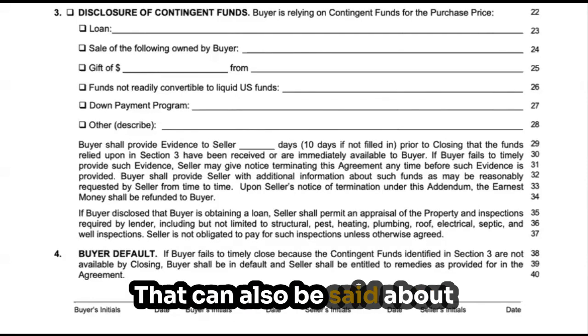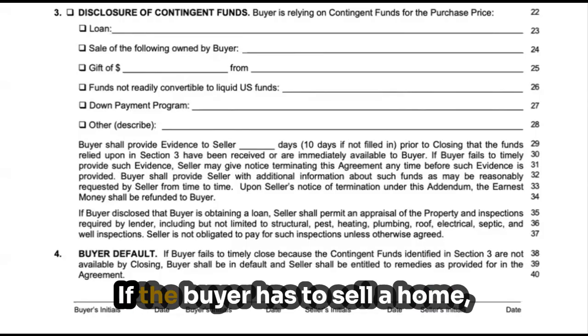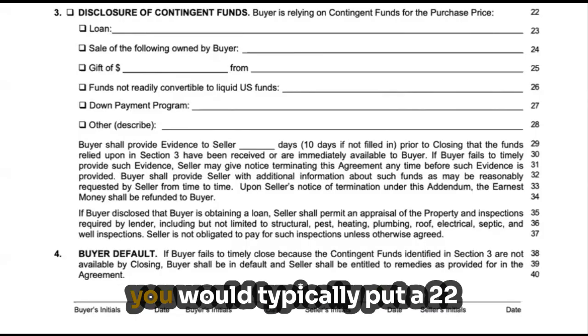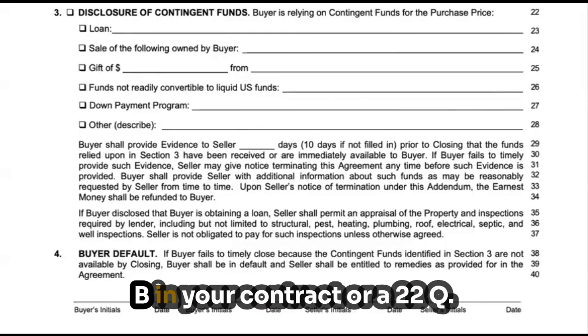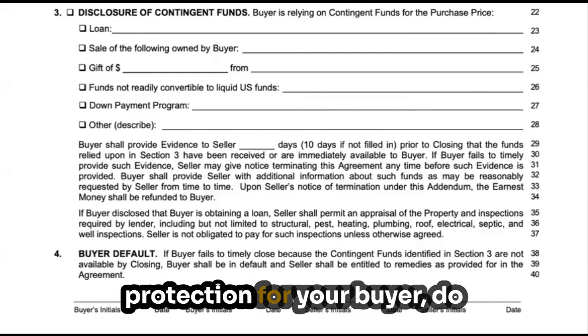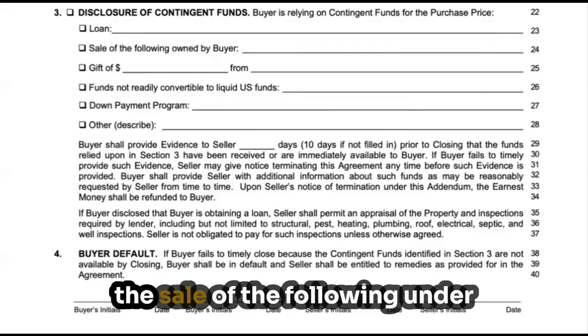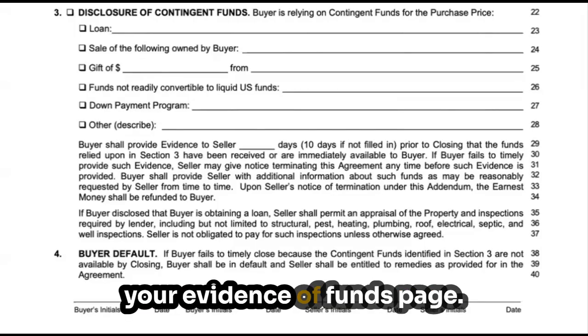That can also be said about the gift or the sale of the following from the buyer. If the buyer has to sell a home, you would typically put a 22B in your contract or a 22Q. If those are in your contract and you want a contingency protection for your buyer, do not include those things on the sale of the following under your evidence of funds page.